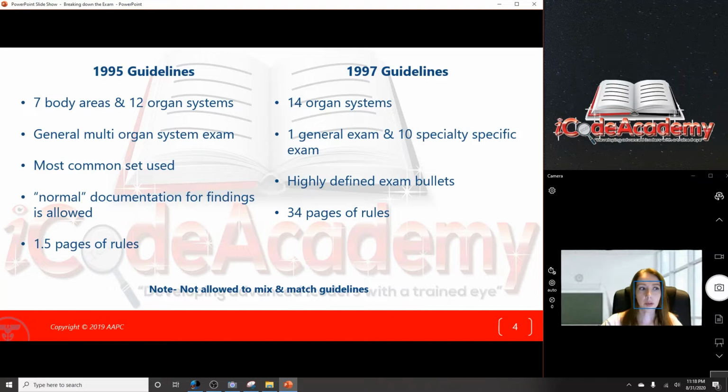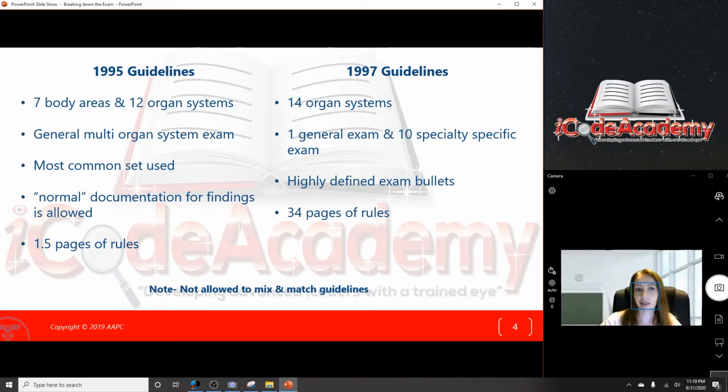All right, let's talk about the key differences between the 1995 Evaluation and Management Guidelines and 97, specifically when it comes to the exam piece. So you can see here that the 95 guidelines has 7 different body areas as well as 12 organ systems that are recognized. This is typically your general multi-organ system type of exam.